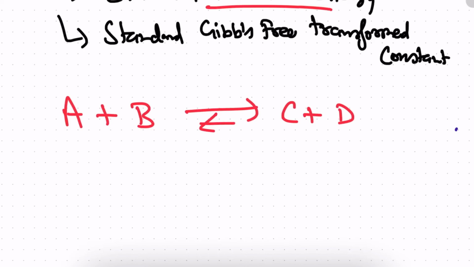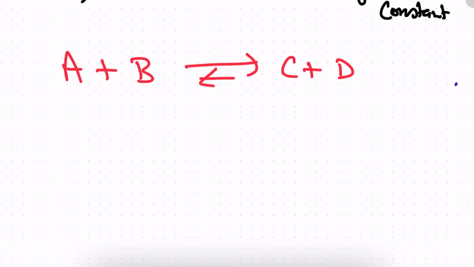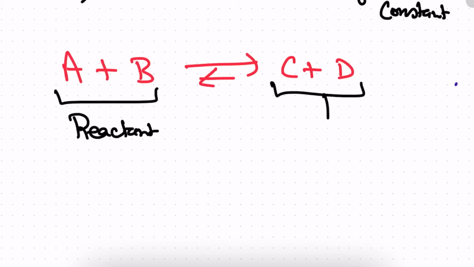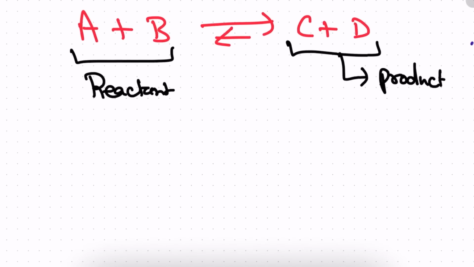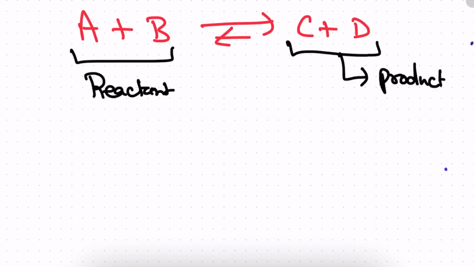Let's suppose this reaction is also occurring in the reverse direction, and here A and B are reactants, and C and D are products. Now hopefully you must have learned in your chemistry class how to calculate the K equilibrium.